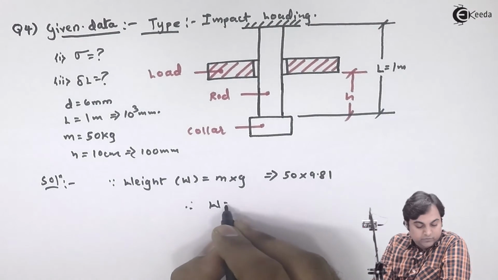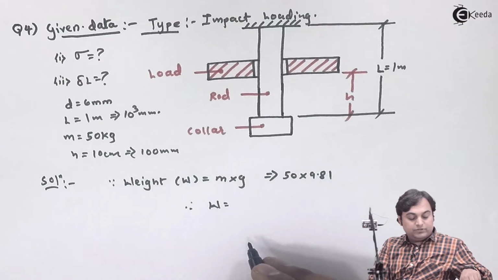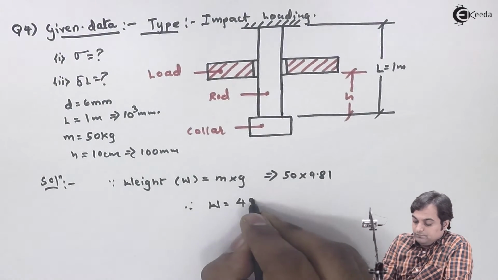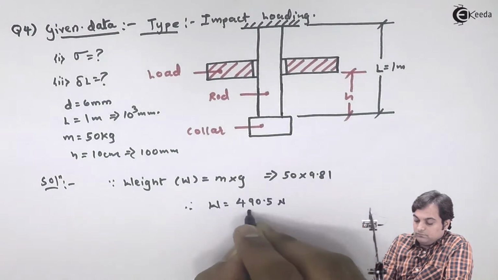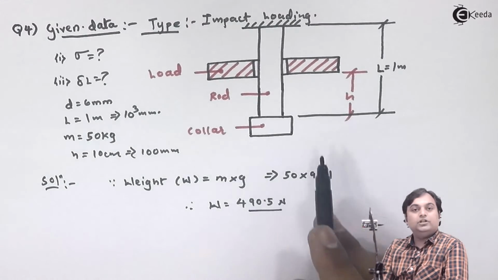So therefore weight comes out to be 490.5 Newton. This is the value of load which is falling from this height small h.